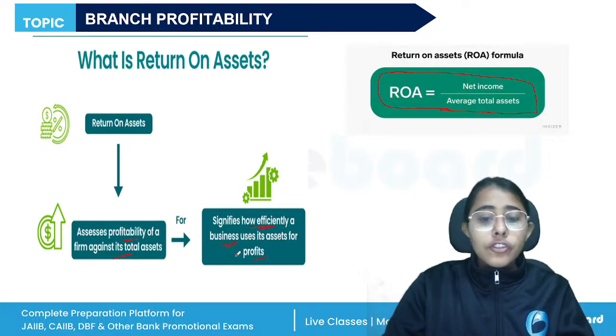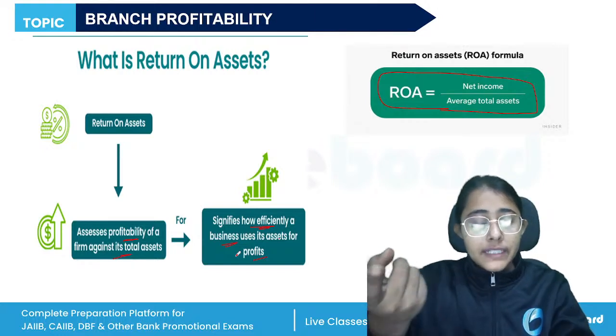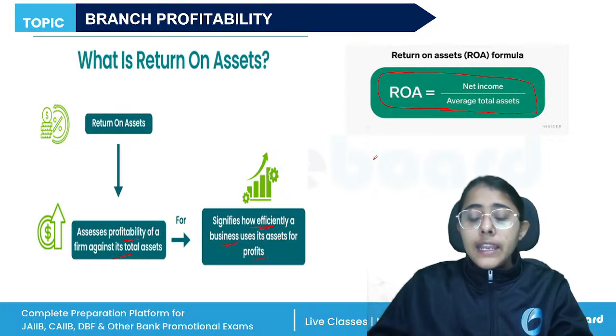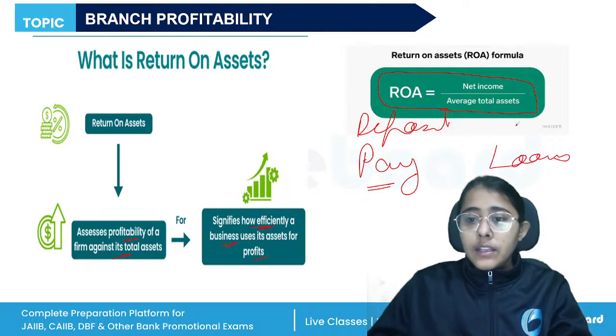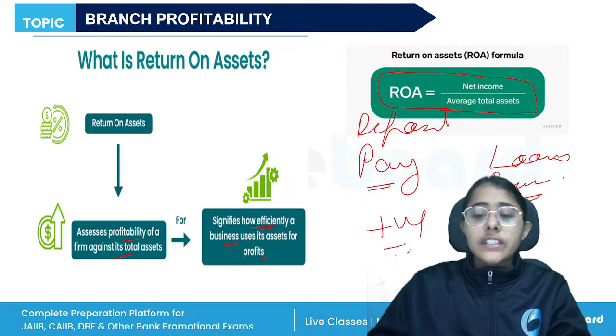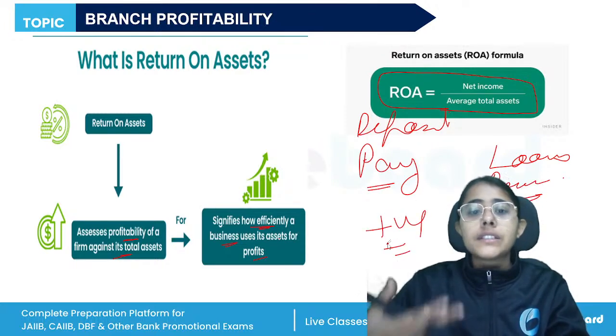It depends on the net interest income. Basically, net interest income is the difference between the interest which the bank has to pay on the deposits and the interest that the bank receives on the loans. This difference, if it is positive, then we will say that the bank's net income is more.